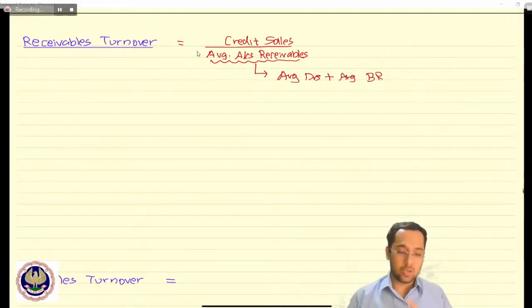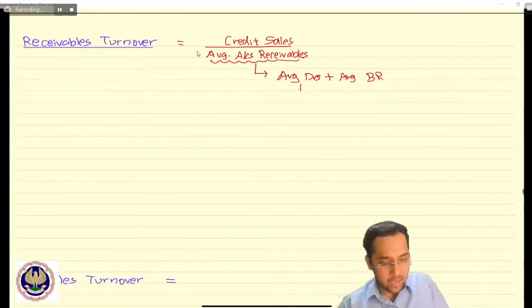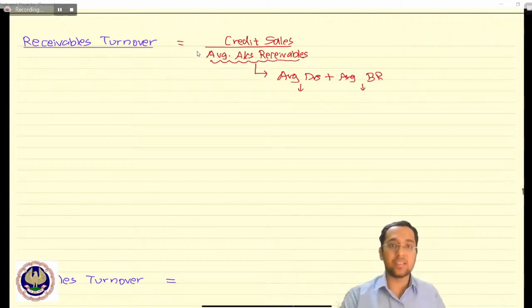So don't ignore the part that it will also include bills receivable. In case you have an amount of bills receivable in a balance sheet, do consider that part also. So how do we get the average debtors and average bills receivable?